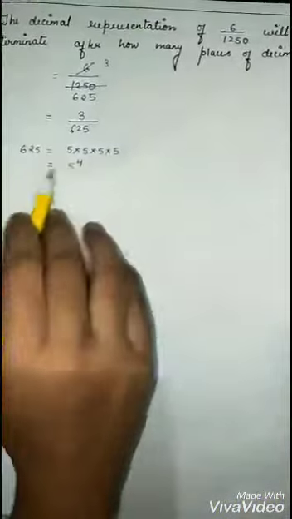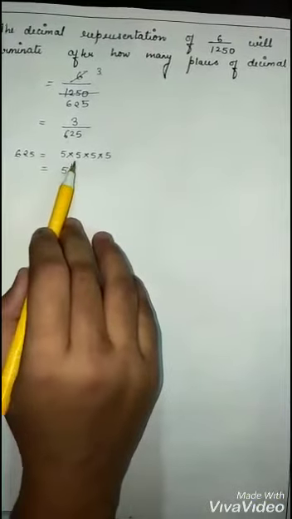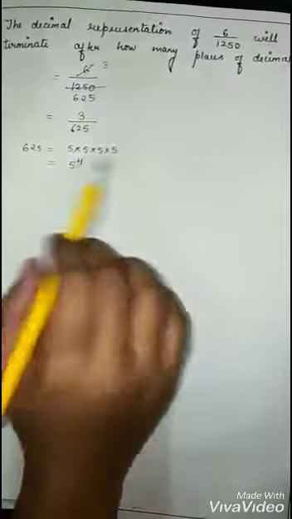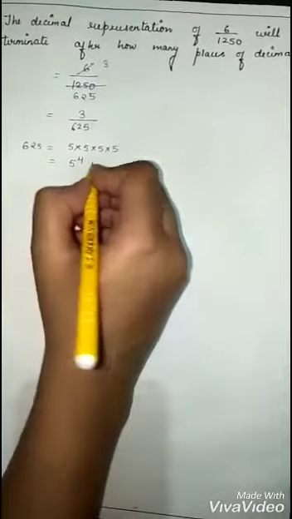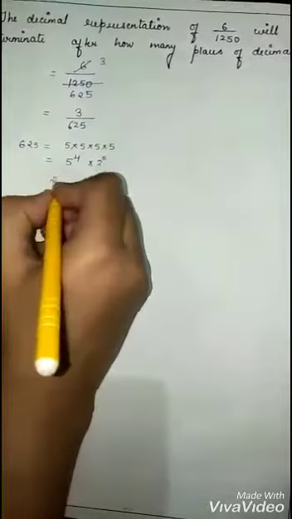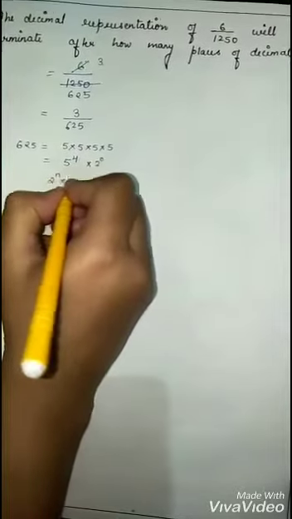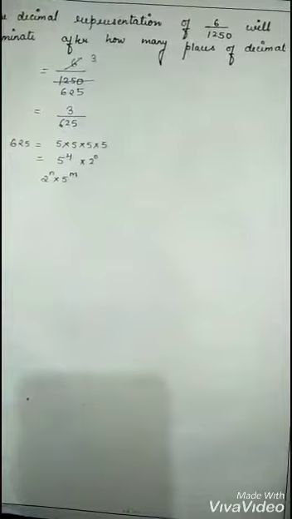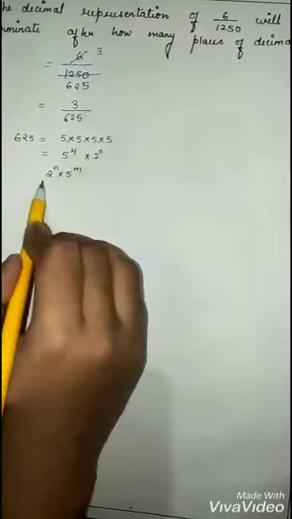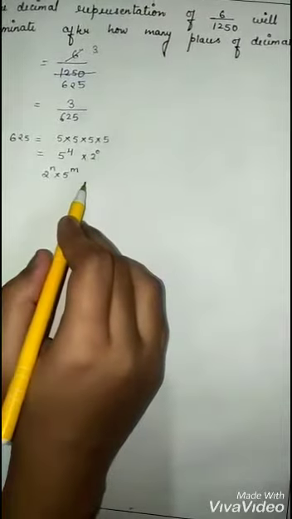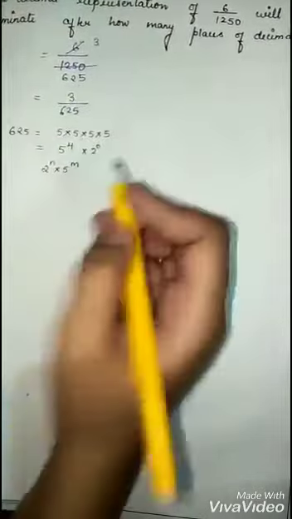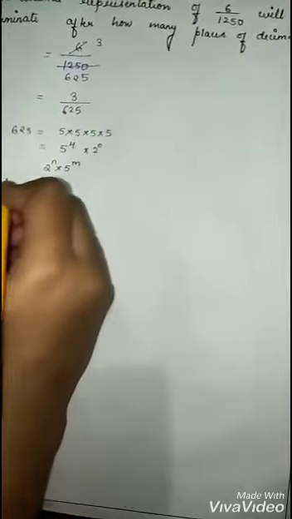The denominator is in the form of 2 to the power n into 5 to the power m. If any denominator is in this form, we can say it has a terminating decimal expansion. So this number is a terminating decimal expansion.